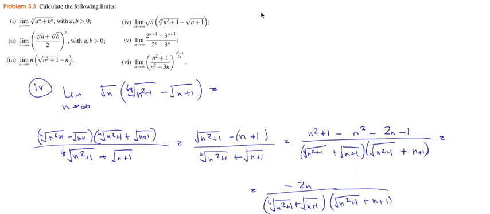The other way of doing it is to apply that formula that we saw in Unit 1, right? In exercise, I think it's problem 1.6, which is that x to the, let's say, a minus y to the a is x minus y times the sum from k equals 1 to a of x to the a minus k times y to the k minus 1.